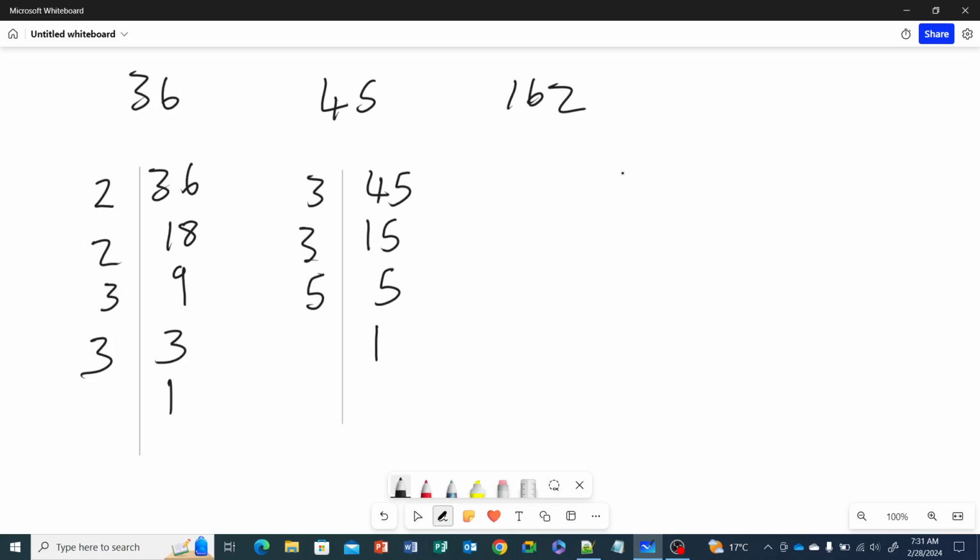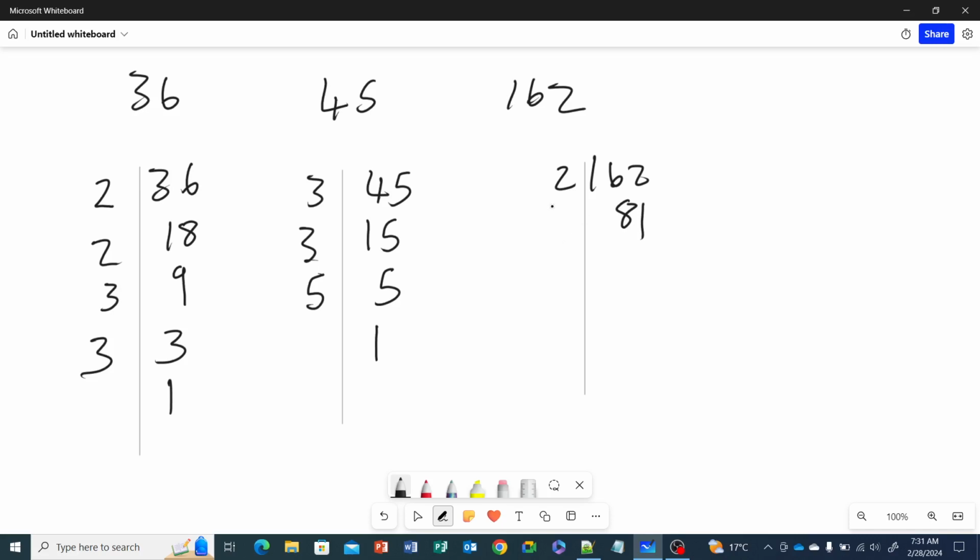Okay, so 162. We divide by 2 because it's even. We have 81. Okay, now 81, it's an odd number.